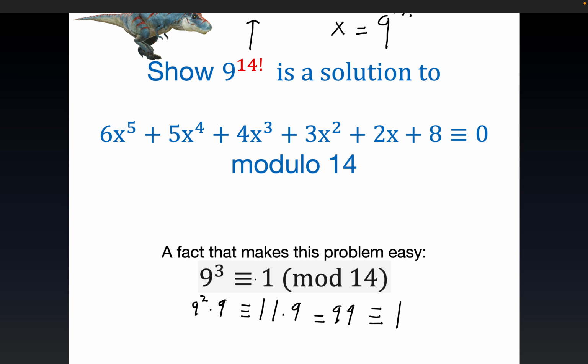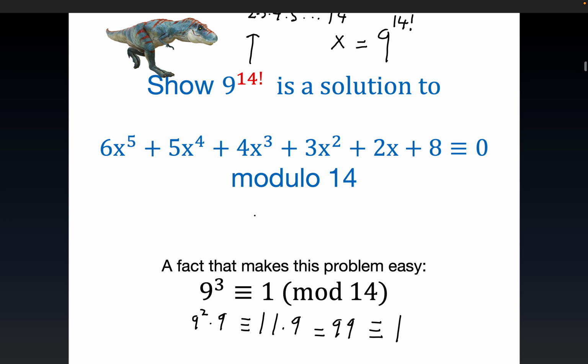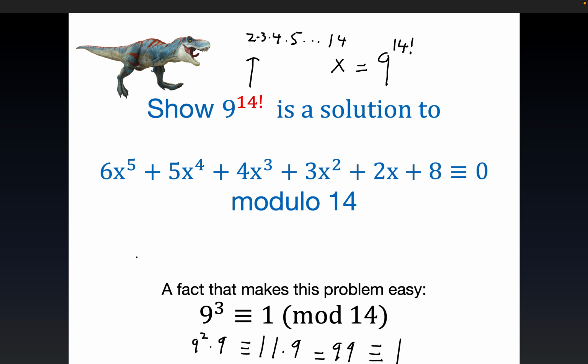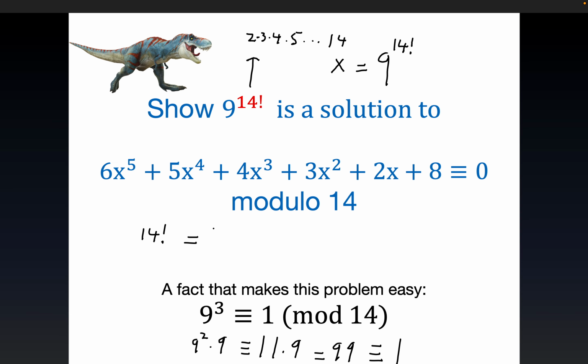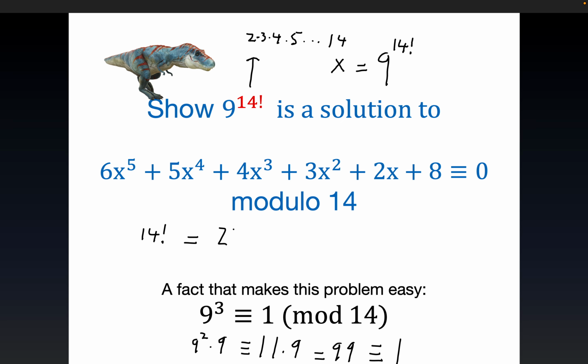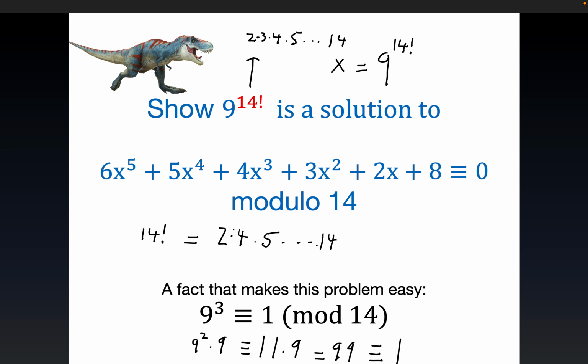But once we have this, it's pretty clear that we're essentially done with the problem, because notice what we would have right here is 9 cubed, and 14 factorial could be written as 2 times 4 times 5 and so on up to 14 right here, and then it's all multiplied by 3.